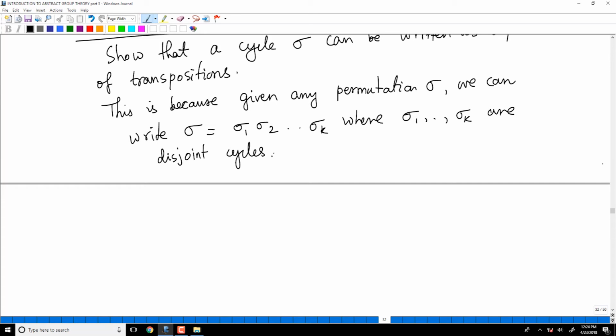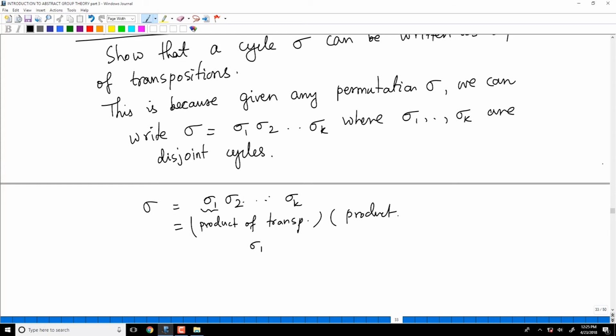Now suppose I prove that cycles can be written as a product of transpositions. So sigma 1 can be written as a product of transpositions, sigma 2 can be written as a product of transpositions, and so on, sigma k can be written as a product of transpositions.